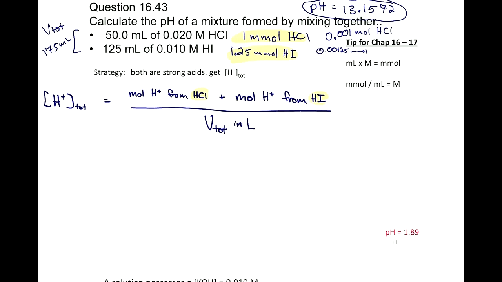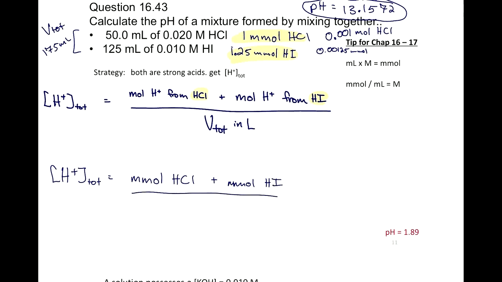So we get that the total H plus concentration in this solution, instead of doing mole amounts, we can say, oh, the millimole amount of HCl plus the millimole amount of HI over the volume in milliliters will also give us molarity in the regular unit.